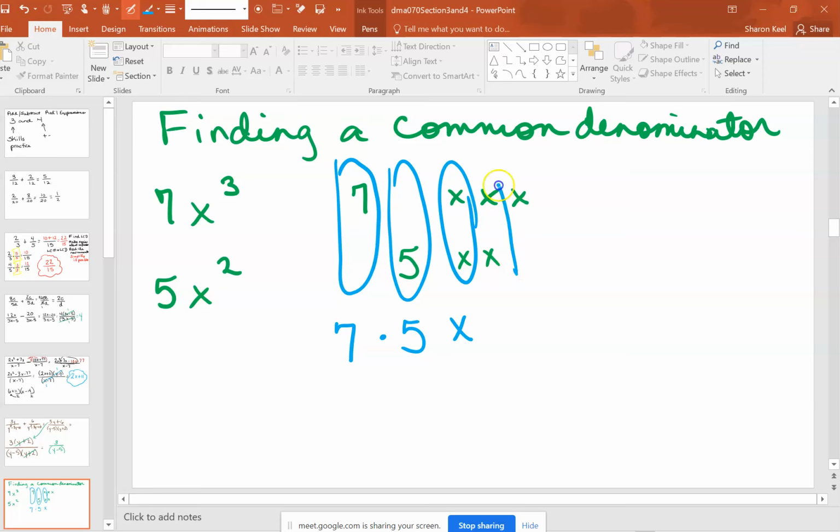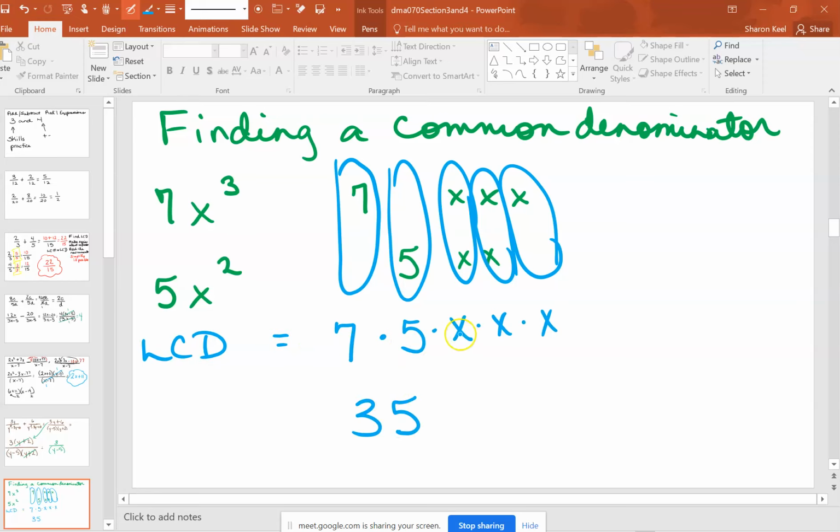I have how many x's? 1, 2, I need to have a total of 3 x's. So to find my least common denominator, 7 times 5 is going to give me 35, and I have a total of 3 x's. So if I only had 2 x's, it wouldn't be enough for the 7x cubed to go into it. So for every individual factor you have, you're going to need to use all of the factors to make that least common denominator.